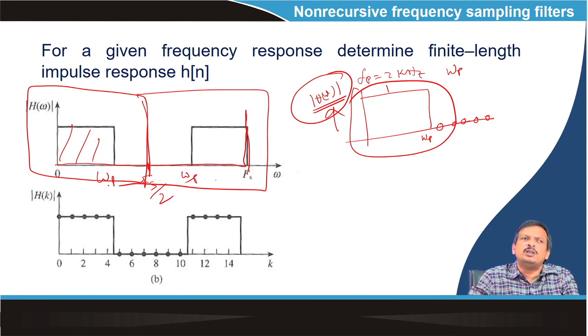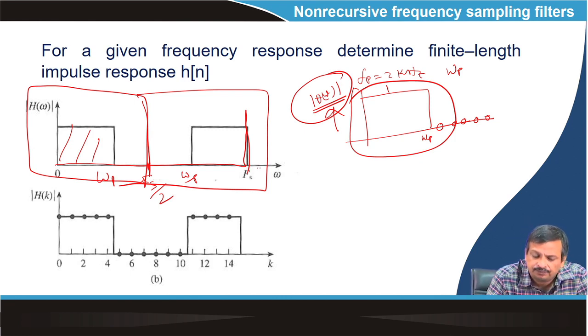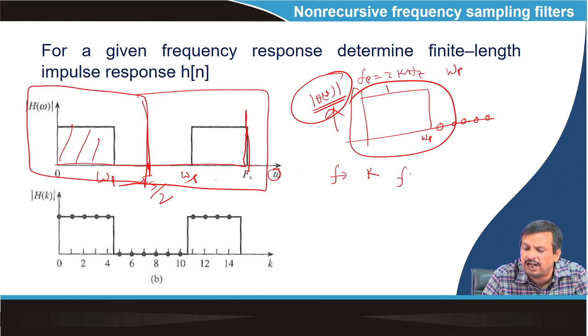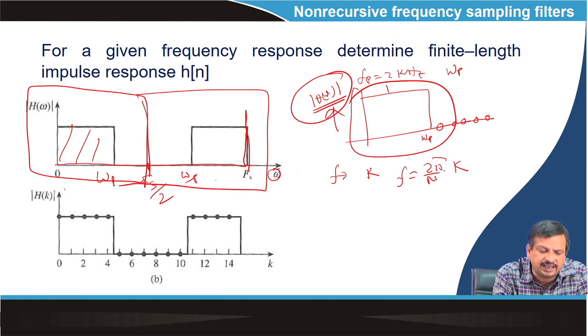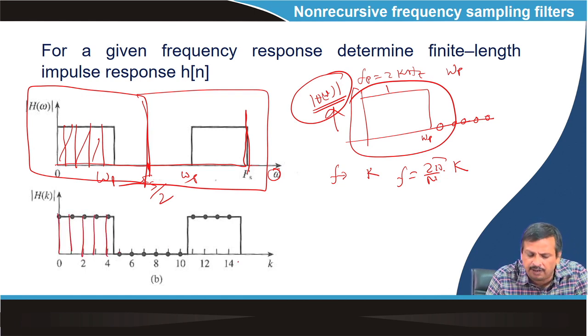Now what can I do? This axis is omega, or I can say this axis is f, which is the normalized discrete frequency. This axis can be represented by k. The relationship is omega equal to 2 pi by N into k. So this axis I sample. Let's say I take N number of samples, here it is 15 samples, N equal to 15.